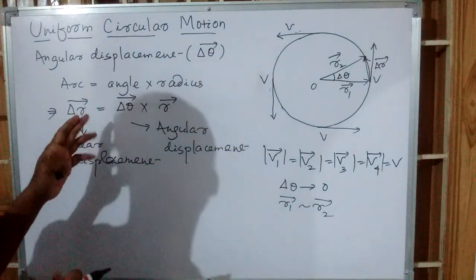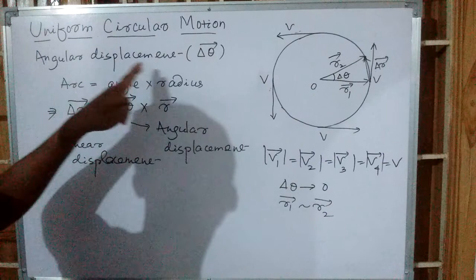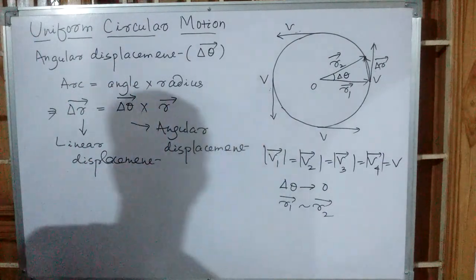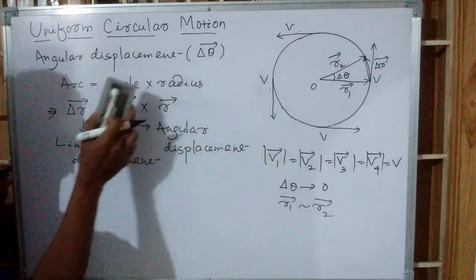Then you have to go for angular velocity. We have already got displacement, then you have to go for velocity. So how to derive it?